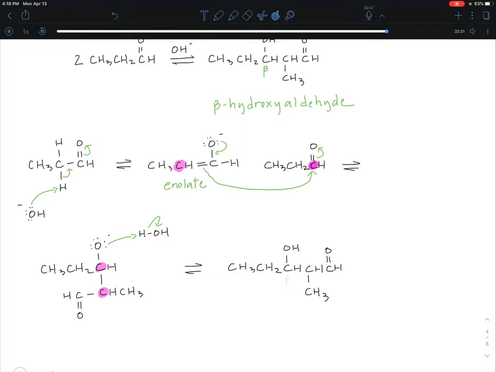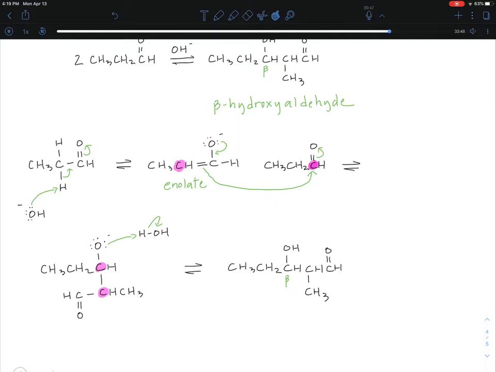So here is the beta carbon. We have our beta hydroxyaldehyde. All I did was extend that chain to make it just a little easier to see.